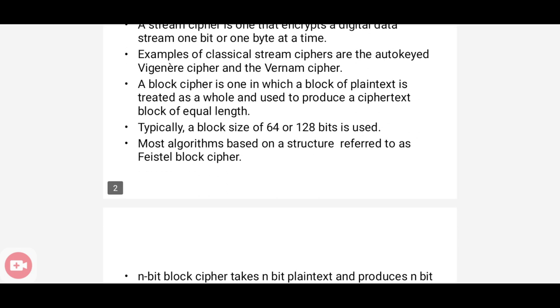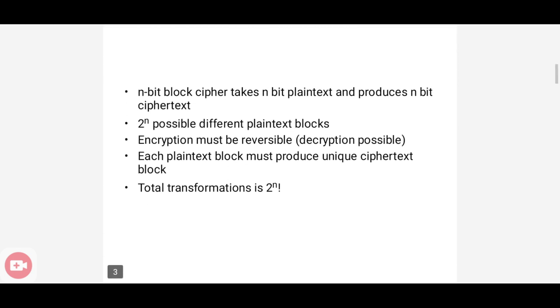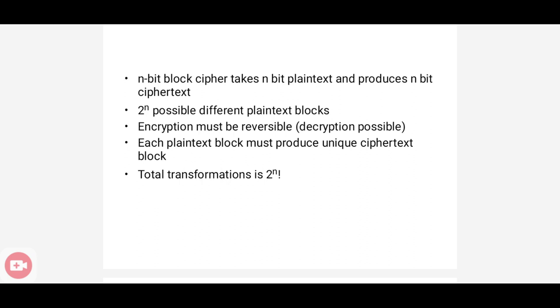In the Feistel structure, we take plain text and group it into blocks, each block containing n bits. It is an n-bit block ciphering mechanism: we take an n-bit block as input and produce an n-bit block of ciphertext.